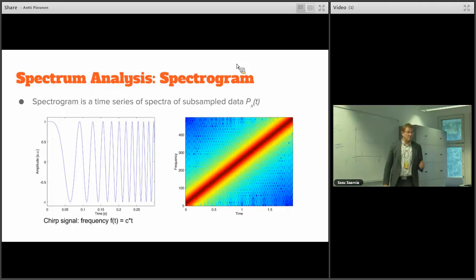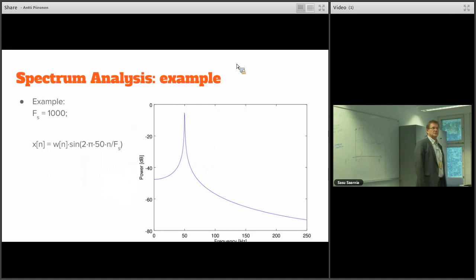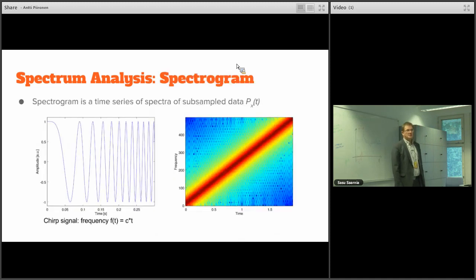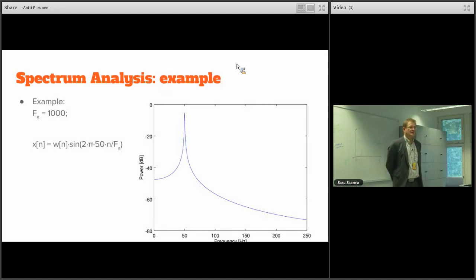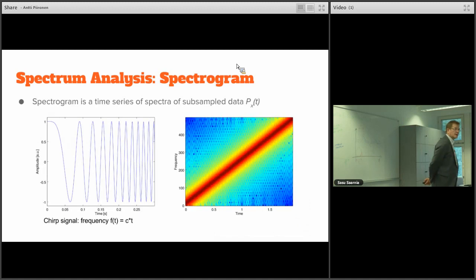The previous one was actually a single spectrum, which has power in decibels and frequency in hertz. A spectrogram is a nice tool for seeing signals which have varying frequency. The previous one has just one sinusoid. This one here is a chirp signal. You know the chirp. The frequency varies just like that red line there.